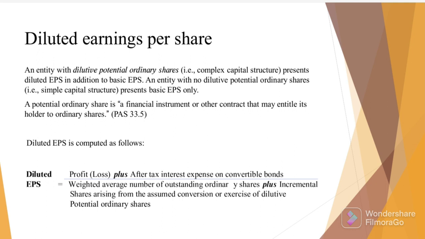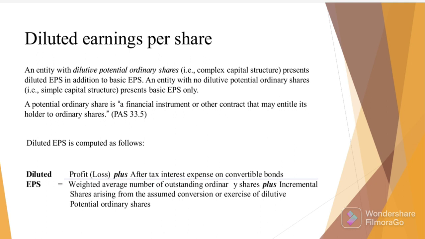Then, yung options, warrants, and their equivalents naman, other instrument din to, example ng potential ordinary share. Malalaman na dilutive siya if their exercise price is less than the market value of the ordinary shares, making the exercise favorable on the part of the holder.